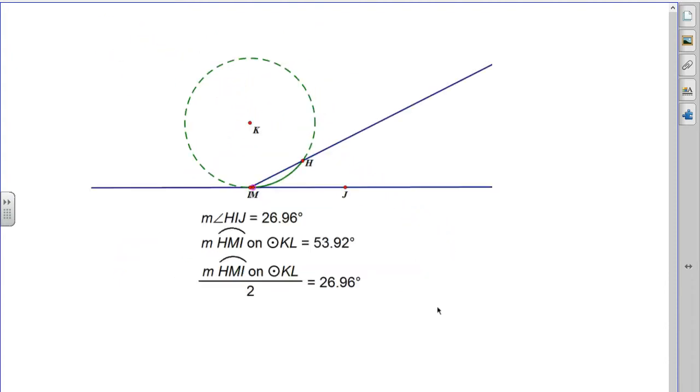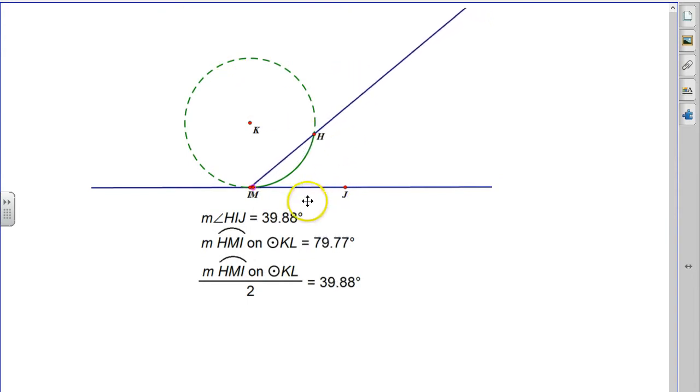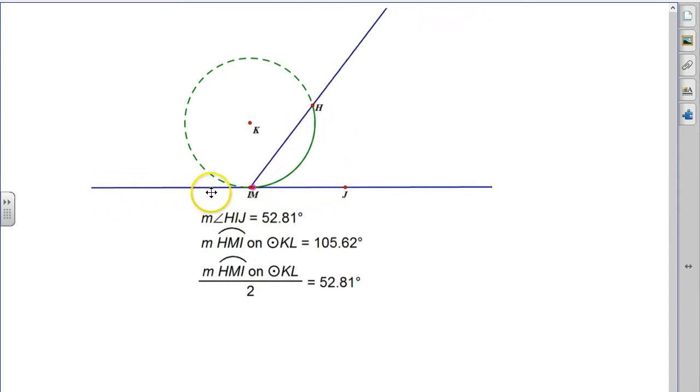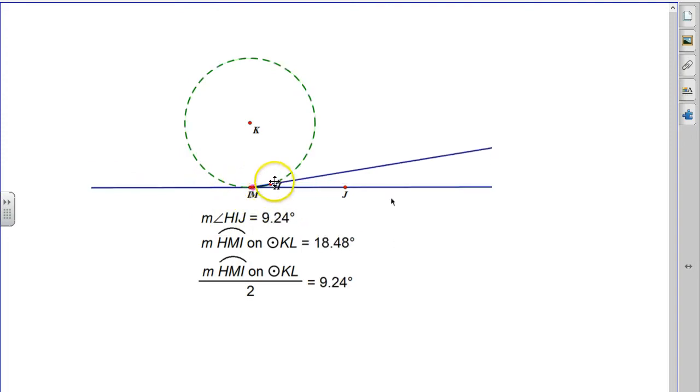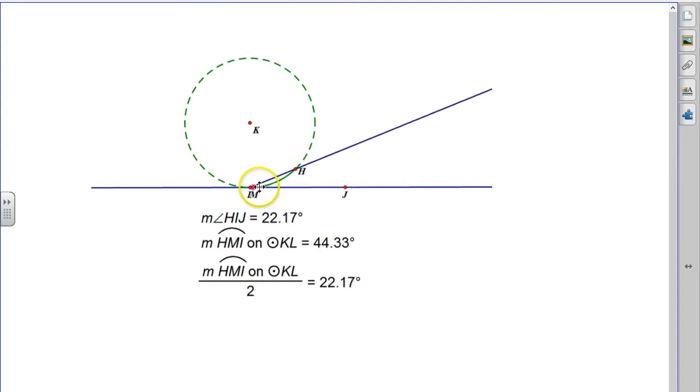Now the next one, we have a tangent line here. This is IJ. That is a tangent line. And then I have this line here, HM, which is a secant line if we continue it forever, but I made it just a ray. So it's a secant ray. The question for the next theorem is how is angle HIJ related to its arc?